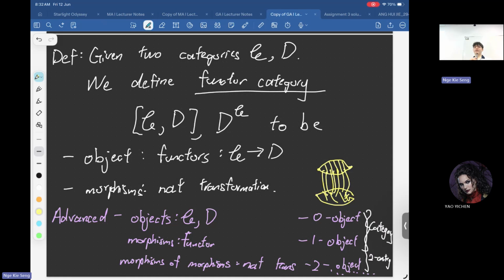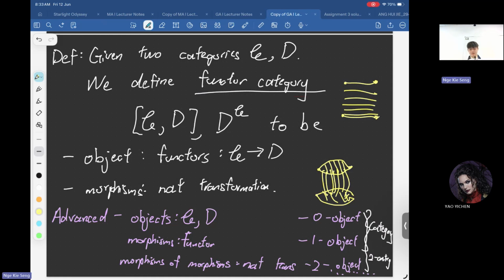So a line you can think of as a morphism between 2 points, and a surface you can think of as a morphism between 2 lines. For example, how do you build a square? You just fill it in with all the lines.